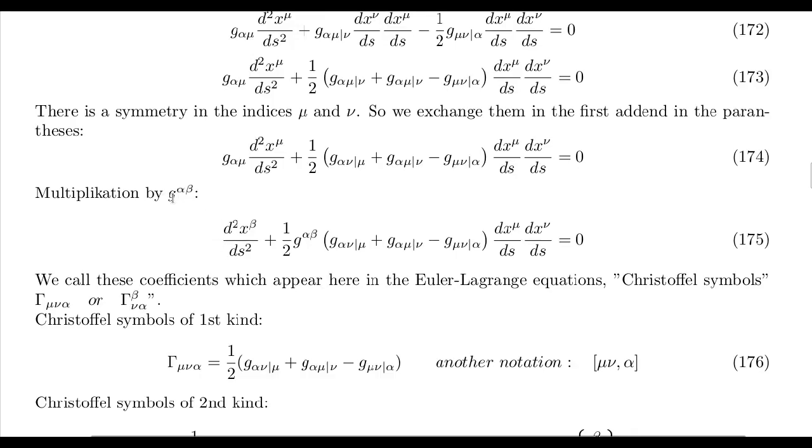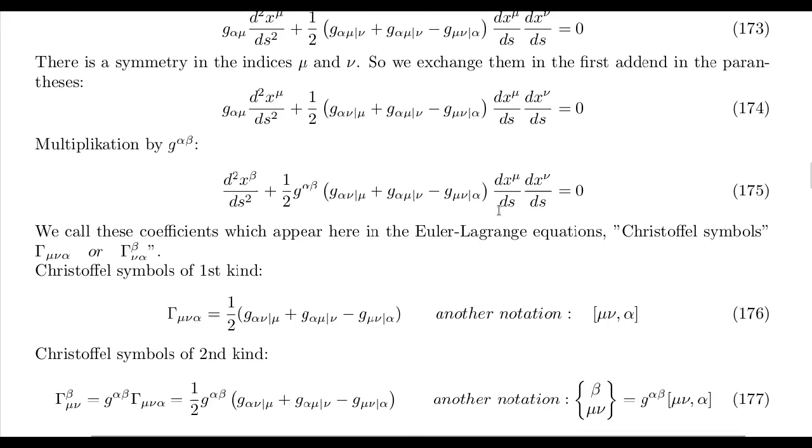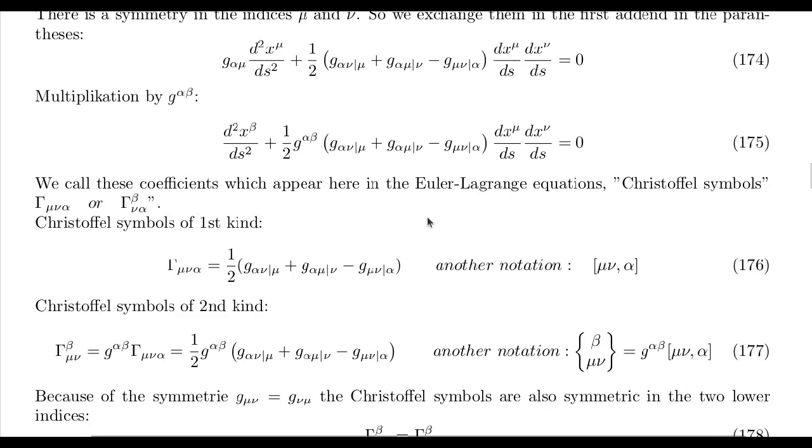Here we would get a Kronecker delta with mu and beta, and so this mu here becomes a beta. Okay, so we have 175 then, and now we use another symbol for the term with the metric tensors here.